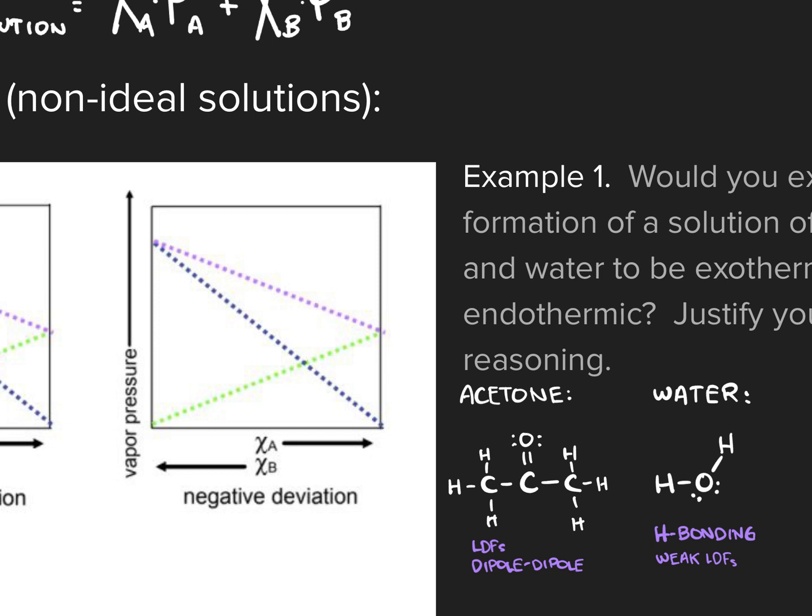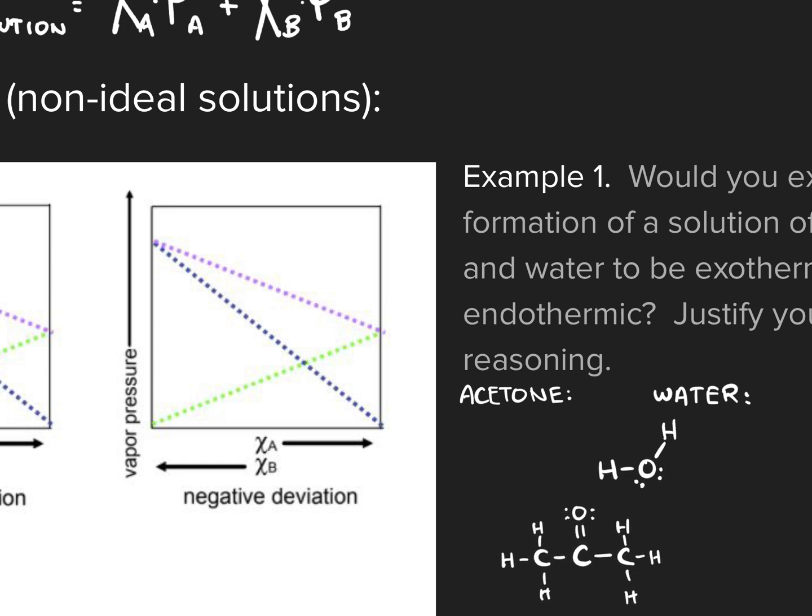Now, that being said, when we form a solution here, consider what happens in terms of the IMFs between acetone molecules and water molecules. Whereas acetone could not form hydrogen bonds to itself, it can form a hydrogen bond to a water.